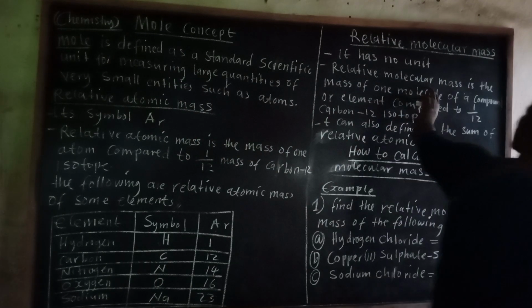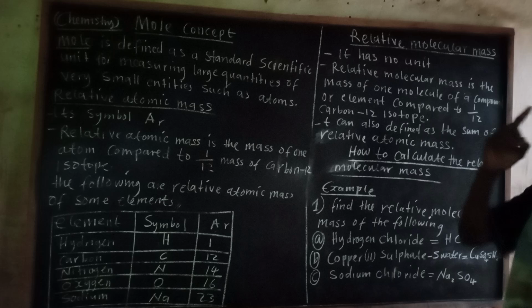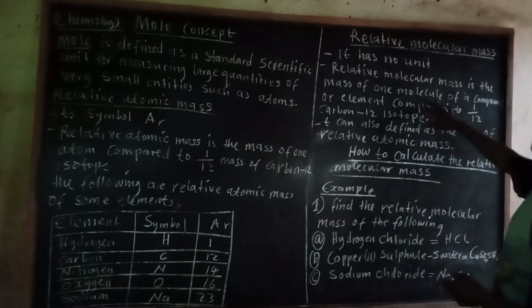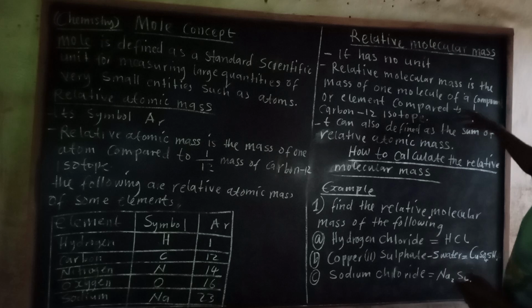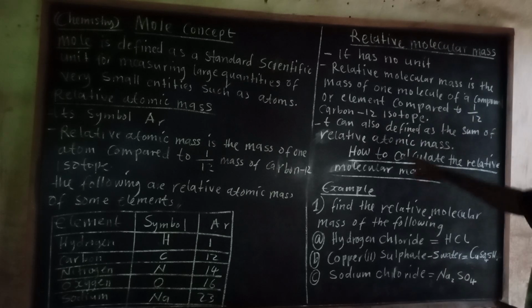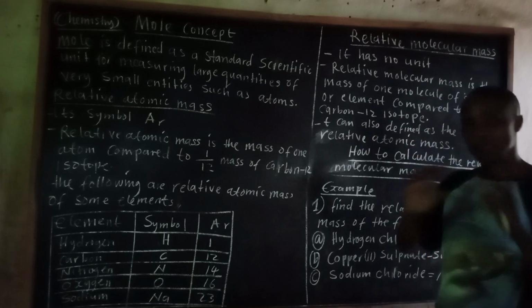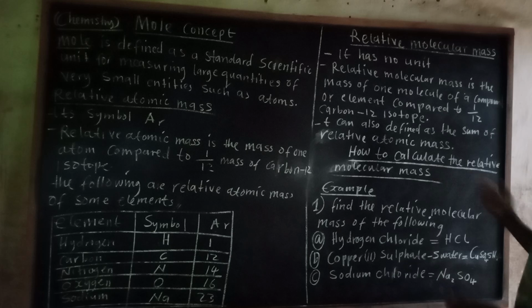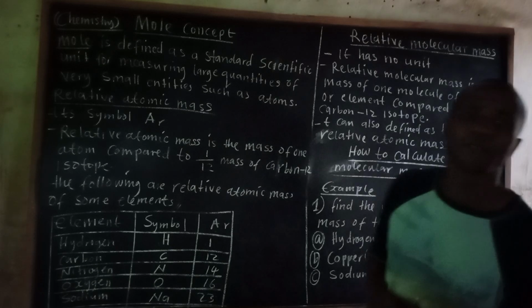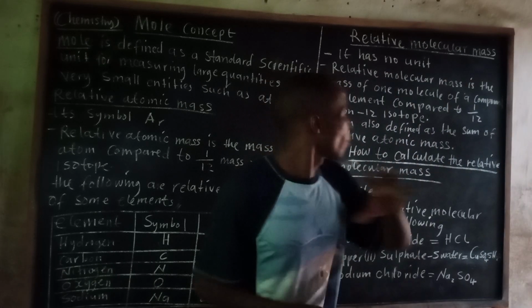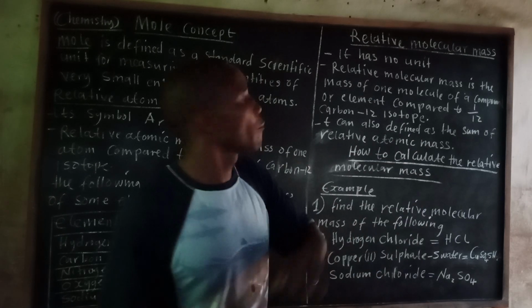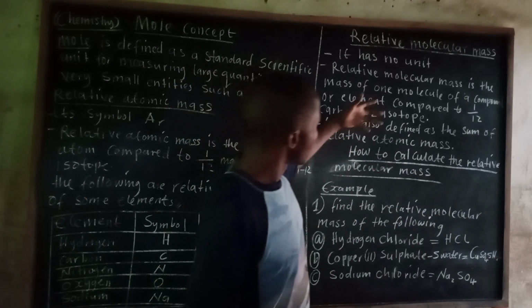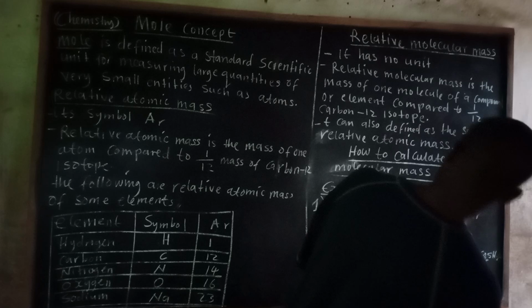But for this one, it's the mass of one molecule of a compound or element compared to 1/12 carbon 12 isotope. That is the only difference. Relative molecular mass can also be defined as the sum of relative atomic masses.